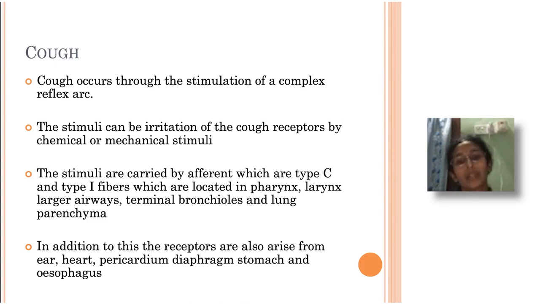In addition, receptors also arise from the ear, heart, pericardium, diaphragm, stomach, and esophagus. So when we evaluate a cough, it may not be only from the respiratory system; the origin may be outside the respiratory system. So we have to consider this as a cause.